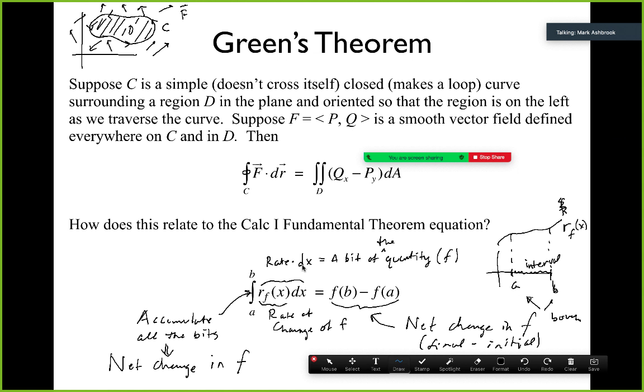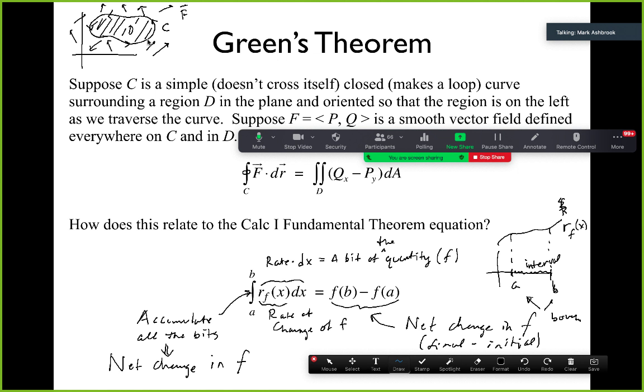So which of these sides, left side or right side, is accumulating little bits all across the interior? Is it left side or right side? Remember, this side is going around the boundary, the circulation around the boundary, and this is the double integral across the interior.